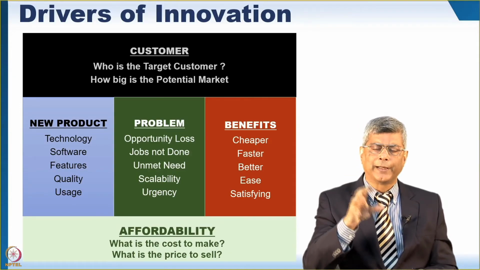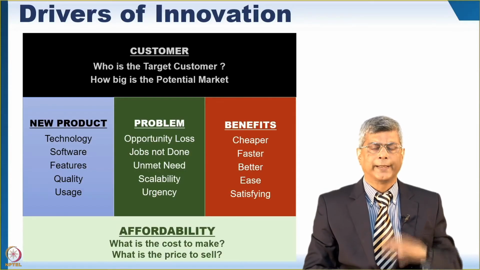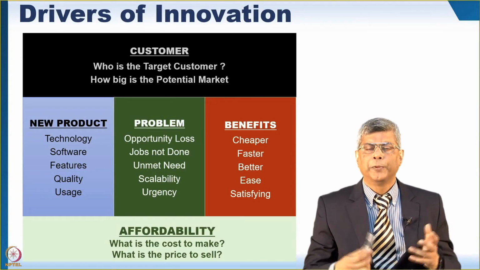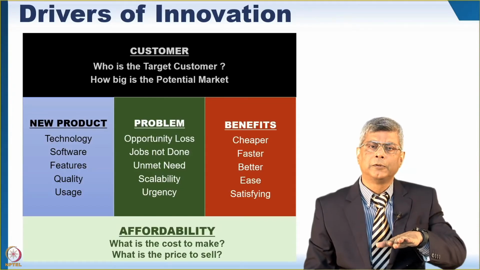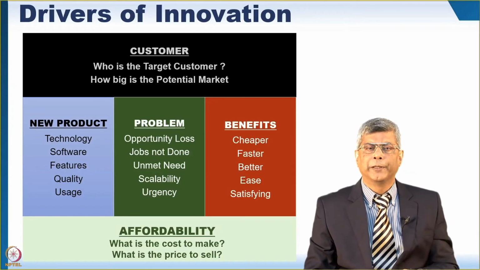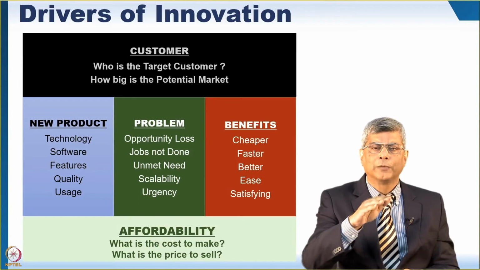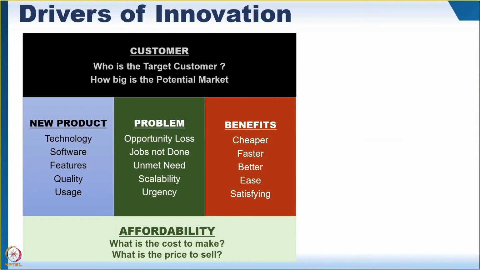It's very fast, it's very comfortable, it's got all the features, it doesn't pollute, but it's so costly, nobody can afford it. So that's the balancing factor of everything that you see in between. And an innovation has to satisfy all of these drivers. So these are the drivers of innovation.